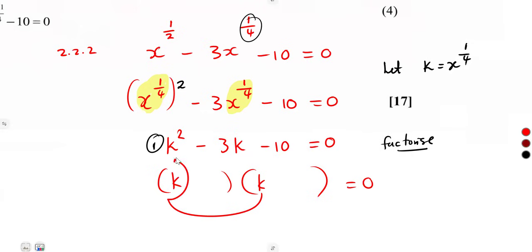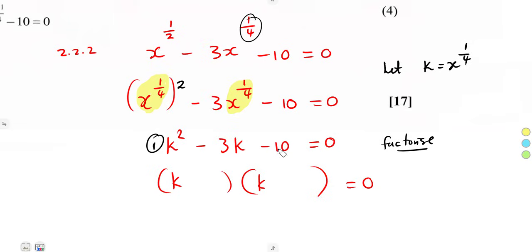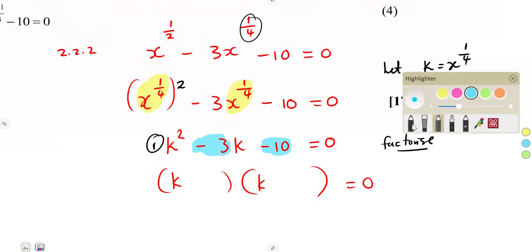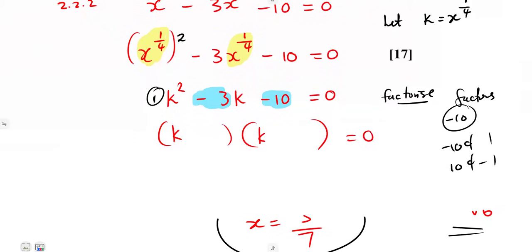K times k gives us k squared. So what are the factors of negative 10? And these factors are supposed to add up to negative 3. So there are so many factors of negative 10 that we can list. But which ones will add up to a negative 3? All right, that happens between negative 5 and 2.